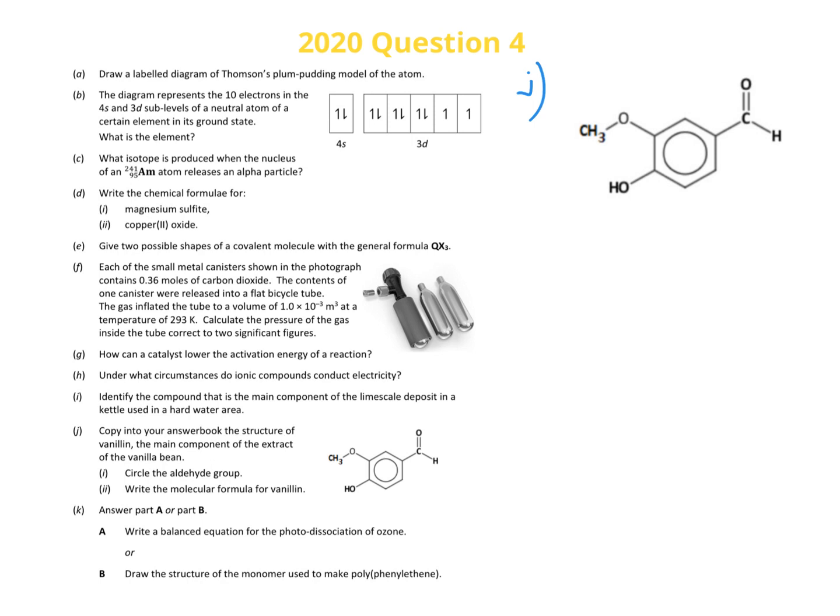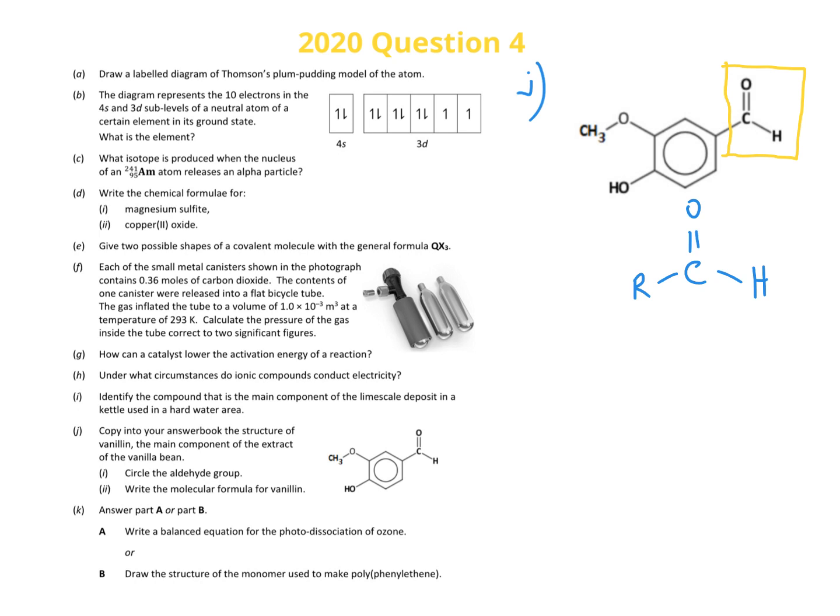We should know from our studies of organic chemistry that the aldehyde group is a C double bond O with an H or an alkyl chain attached to it. So what I'm circling in the top right hand corner of our structure is our aldehyde group in our vanillin.